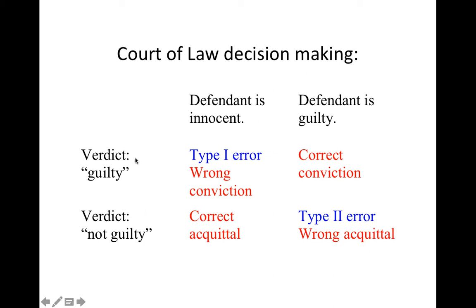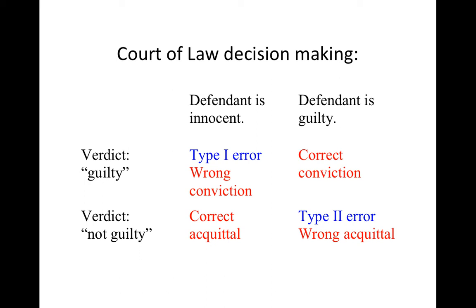So here we have the same kind of 2-by-2 situation. Either they really are innocent or they really are guilty, and the verdict can either be guilty or not guilty. If they're really innocent and they're found guilty, that's really serious, right? We're sending an innocent person to jail. Versus if they are guilty and we don't find them guilty, we're not certain beyond a reasonable doubt, then we're letting a guilty person off.